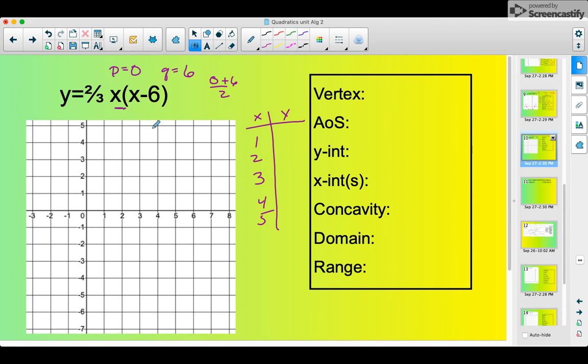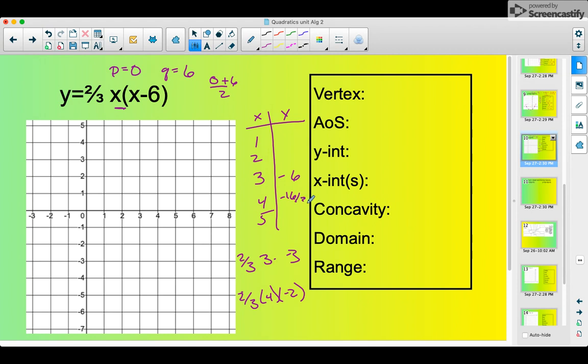All right, so you should find your y values by plugging in each number. So if I plug in 3, I get 2/3 times 3 times -3. So -9 times 2/3 would be -6. If I plug in 4, I get 2/3 times 4 times -2. So -8 times 2/3 would be -16 over 3.